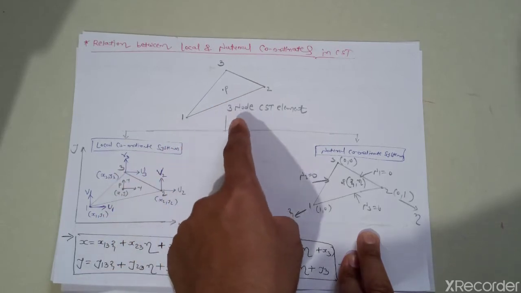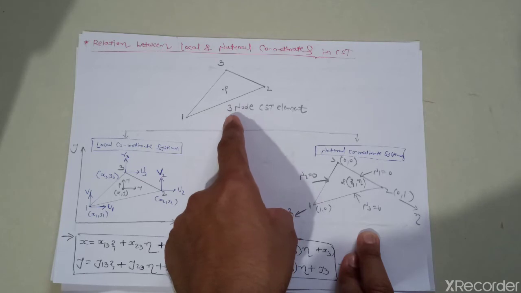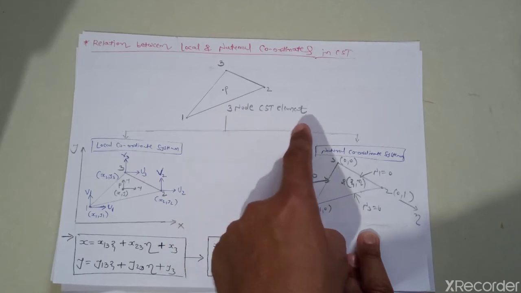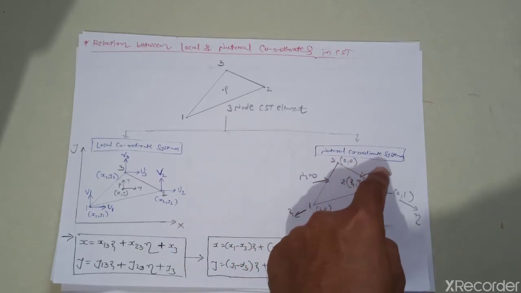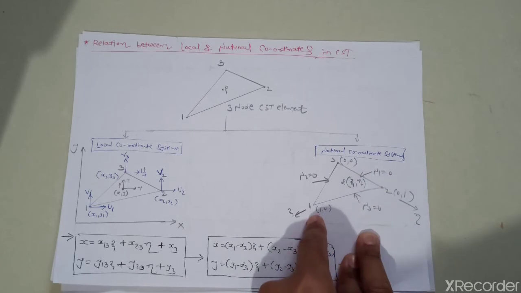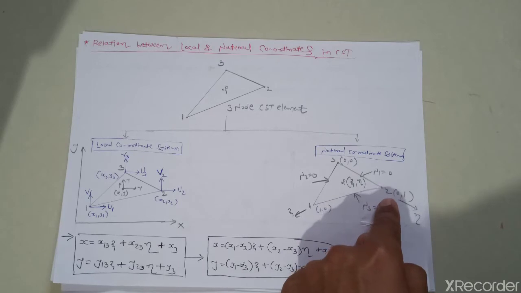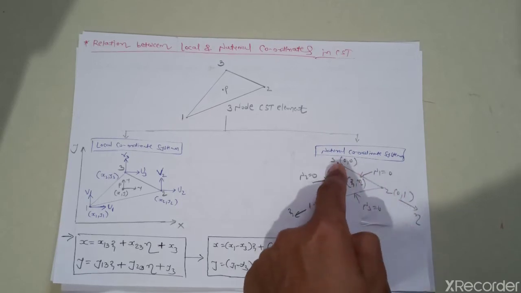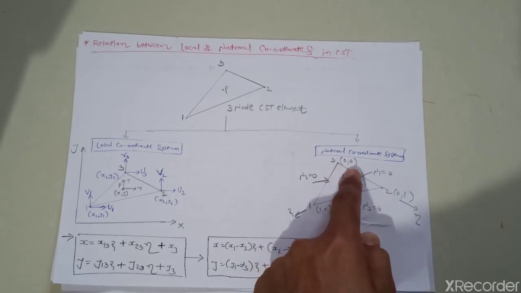Similarly, in the natural coordinate system, node 1 is represented by (1, 0), node 2 by (0, 1), and node 3 by (0, 0).